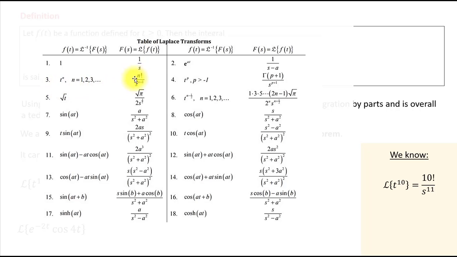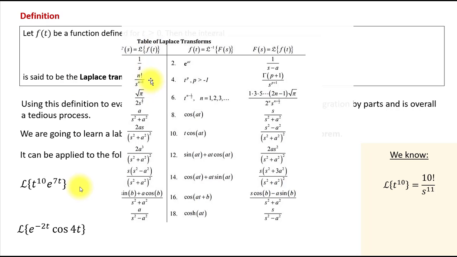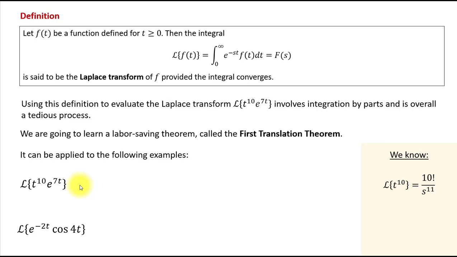So here's that function and the corresponding Laplace transform. So going back to our example, again, if I know what the Laplace transform of t to the power 10 is, the only thing I have to do to find the answer to this Laplace transform is to take this result and perform the horizontal translation of this function, or shift.